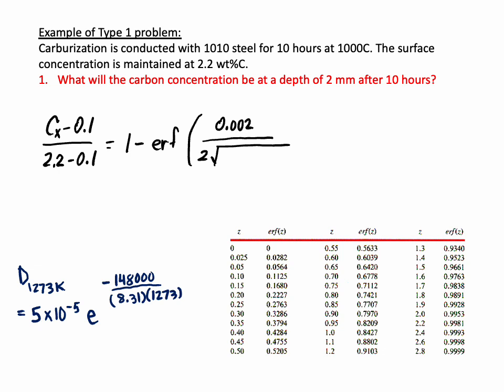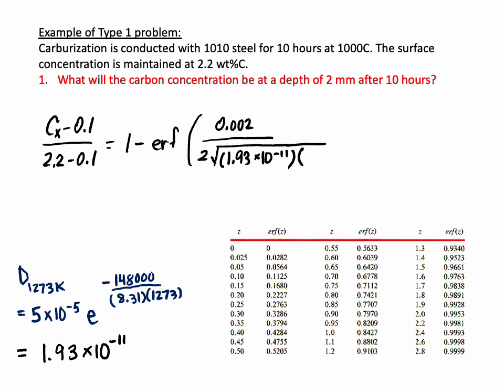Here's my equation to find D. That ends up being equal to 1.93 times 10 to the negative 11. And that will go here. That is the value for D.